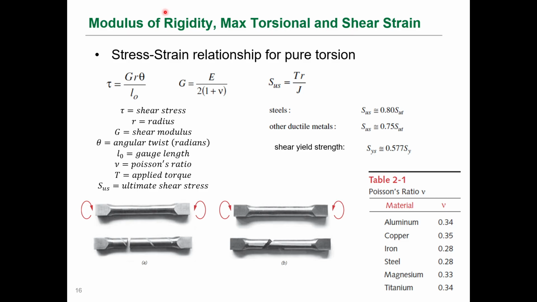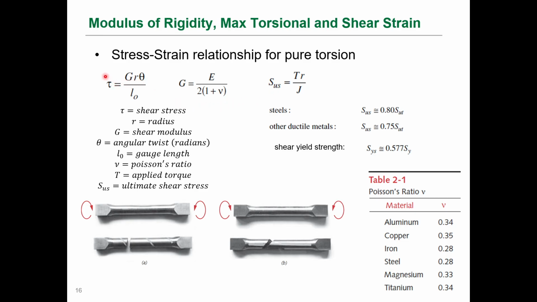So that was dealing with the axial stress strain diagram. It's where we get a lot of our material data from. We also sometimes need to understand what our ultimate shear stress is, which is our SUS variable.